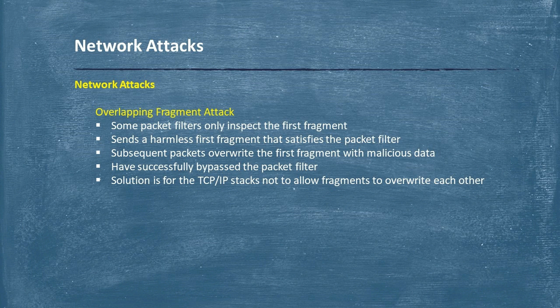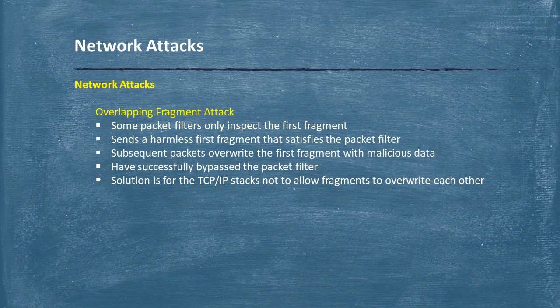The subsequent packets override the first fragment with malicious data. That is the intention of the attacker. Thus, he has successfully bypassed the packet filter, because only the first fragment is inspected, so there is no suspicion on the subsequent fragments.